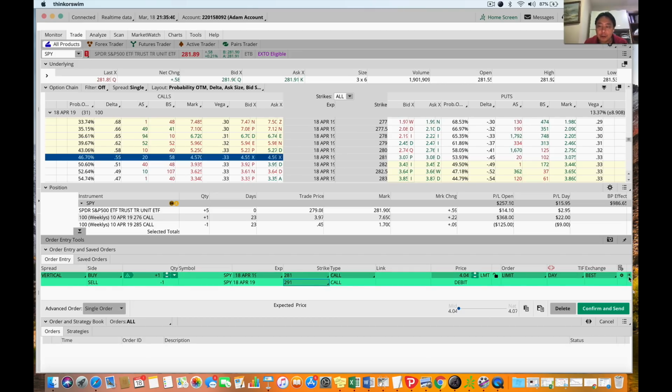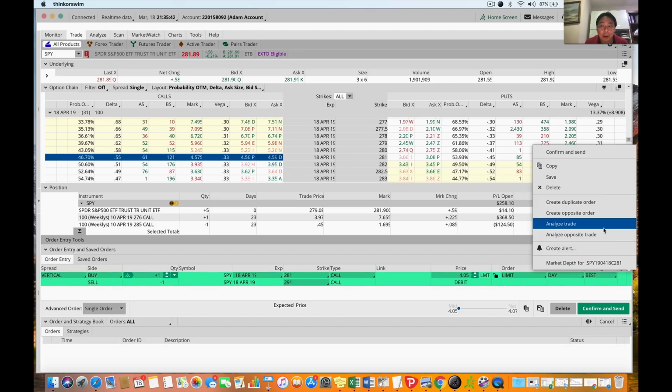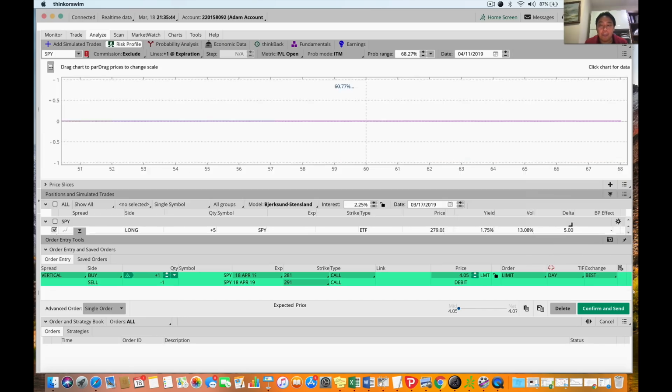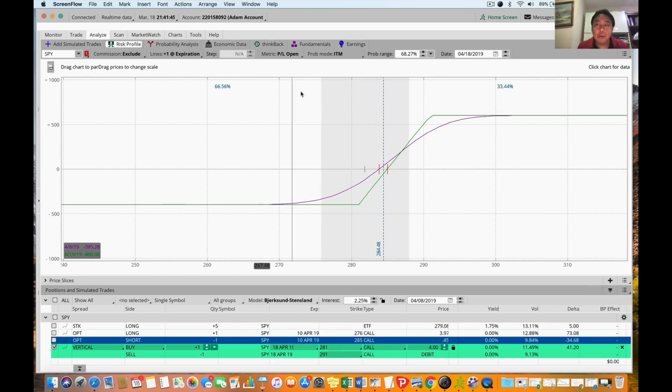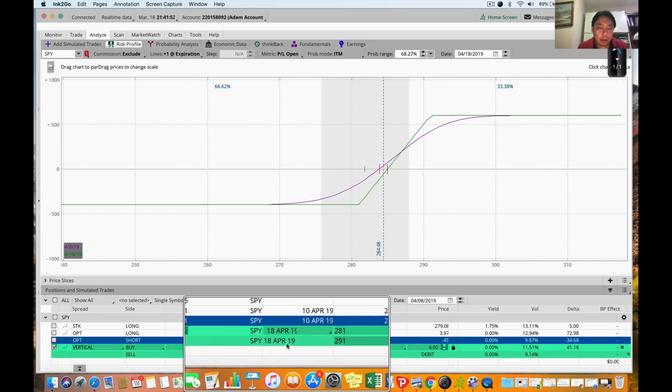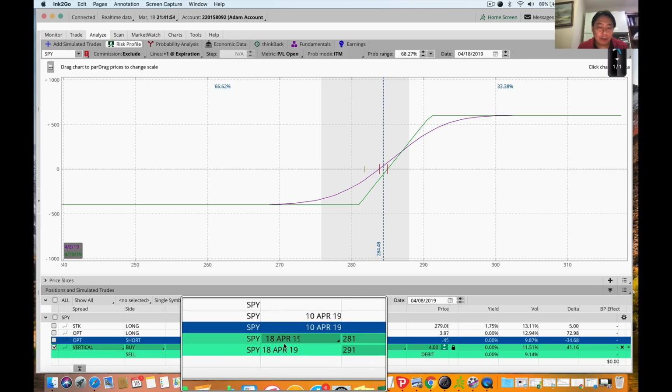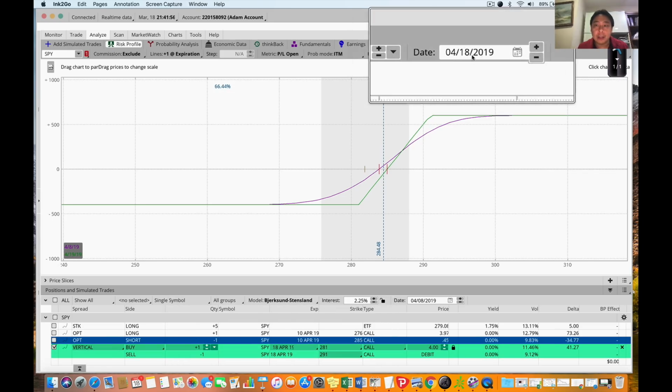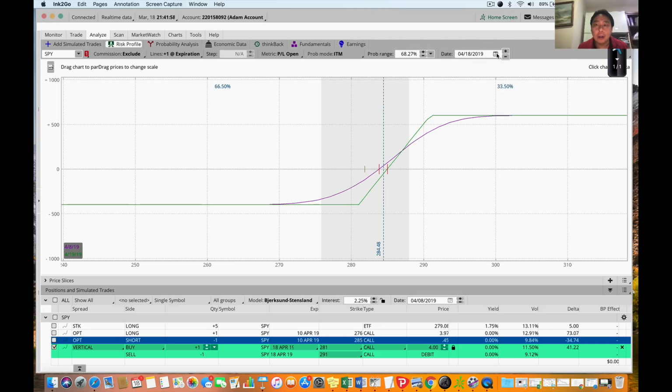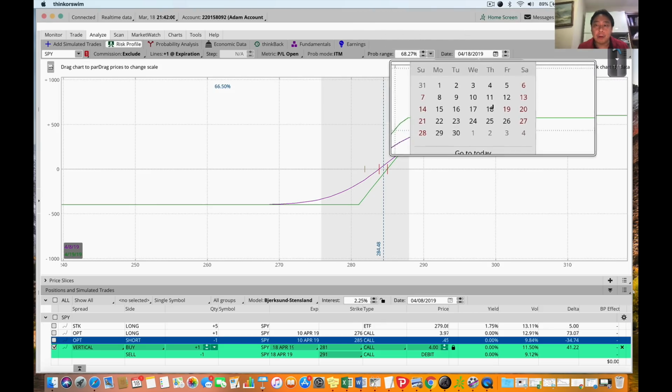So let's take a look at that for this trade right now. If I were to analyze the trade, always analyze the trade before buying it. All right, so this is the risk to return profile of the trade. So the first thing is to make sure that the expiry date, 18th of April, is set over here. So that's 18th of April, that's correct. If not, change it to the 18th of April.